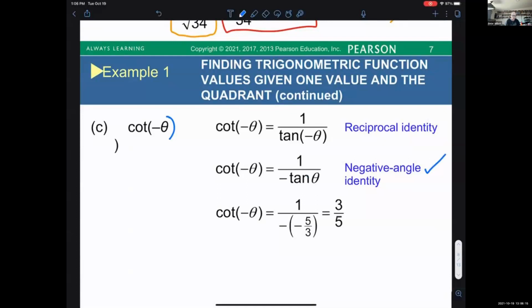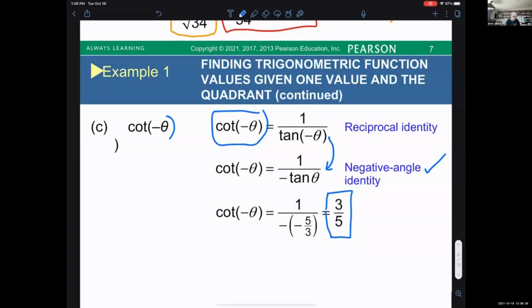So instead of doing tan of minus theta, they make that as minus tangent of theta. And tangent of theta is given to us in the problem as negative 5/3. So they replace tangent of theta with minus 5/3 and simplify to get the answer. And so they ended up starting with this and getting all the way down as this for the answer for that.